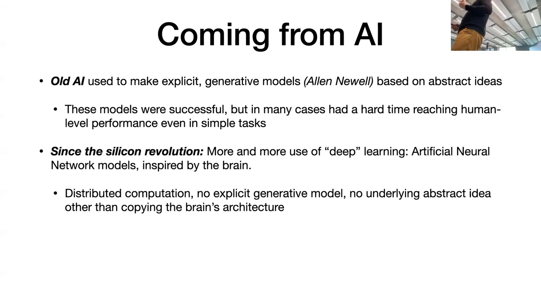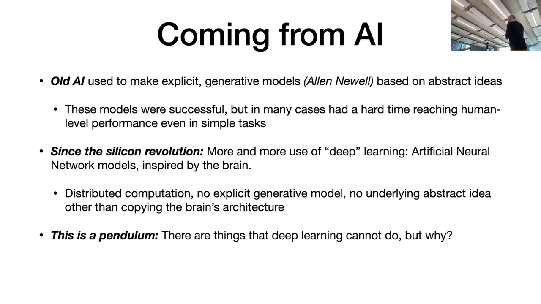So in this case, you have a broad architecture, but you don't have a very explicit generative model. You have a lot of parameters to fit, and you need a lot of data. And in many cases, you don't really have an overarching abstract idea of the computation that should happen. You just copy the brain's architecture in some meaningful way, and then you make sure that you have a lot of parameters where the fine tuning of the parameters allows the method to solve the problem you're interested in.